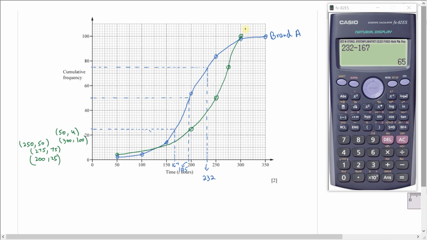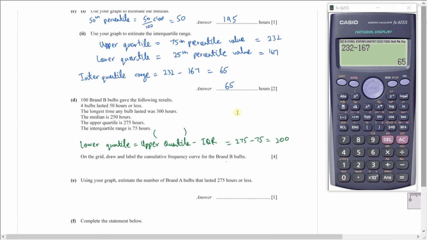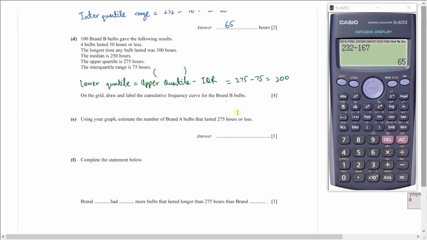So this will be your curve for brand B. So let's move on to the next part.